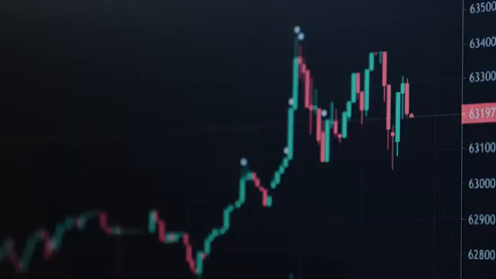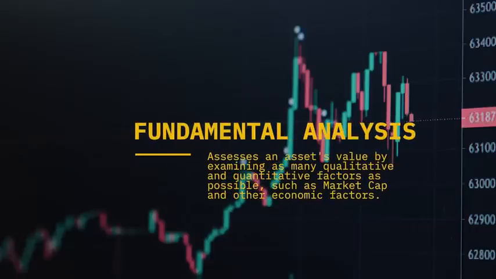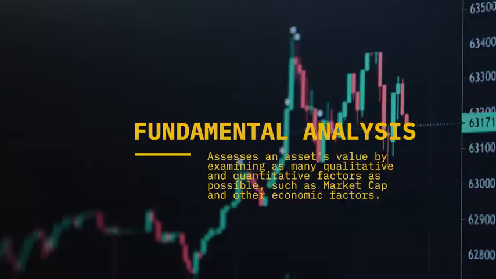Now that we've taken a look at technical indicators, we're going to take a look at the next popular concept that traders like to use to build a trading strategy. The goal of fundamental analysis is to determine if the price of an asset is overvalued or undervalued. Fundamental analysis is also known as FA. FA assesses an asset's value by examining as many qualitative and quantitative factors as possible, such as market cap and other economic factors.